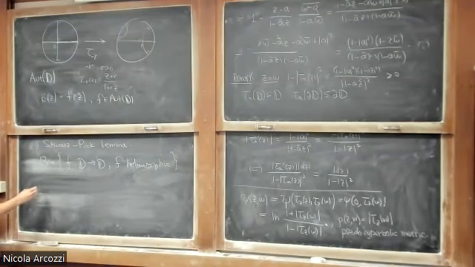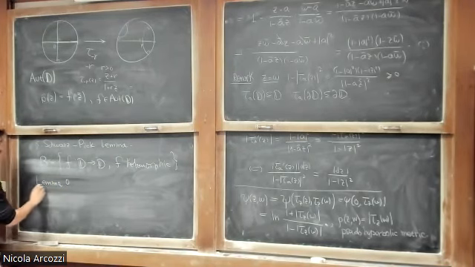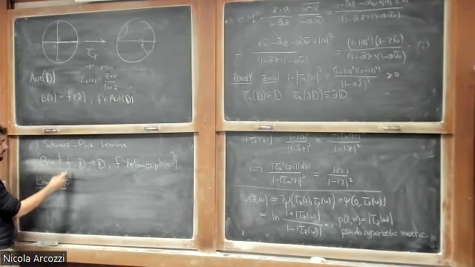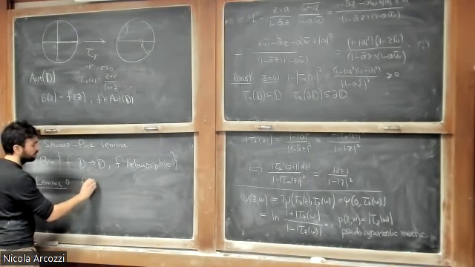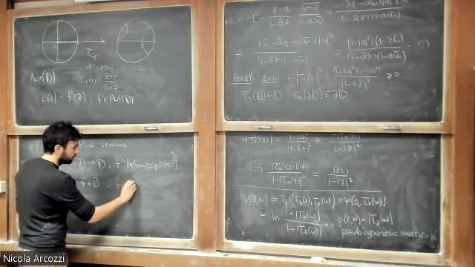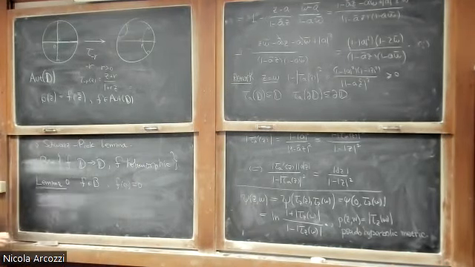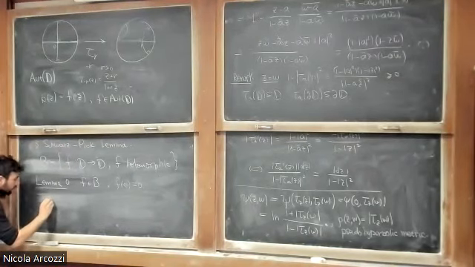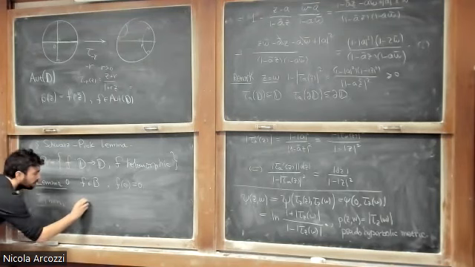And this extremely simple lemma, say lemma 0, says that if you take a function f from the disk to itself, holomorphic, that fixes the origin, then you have the following.